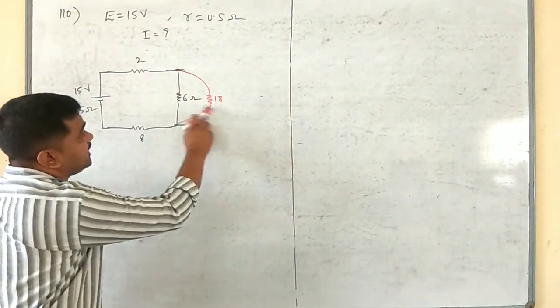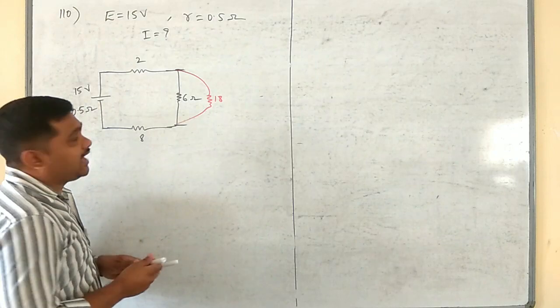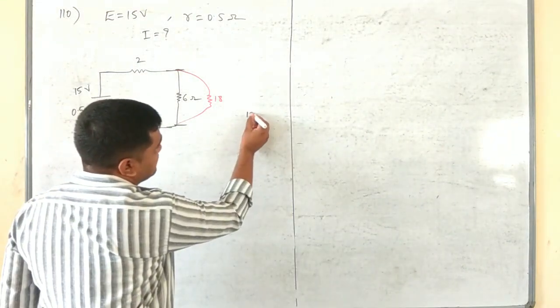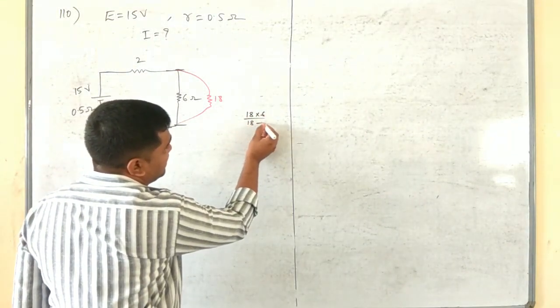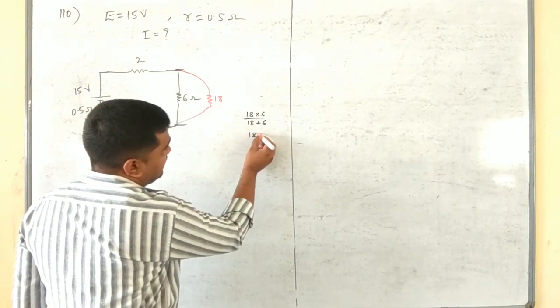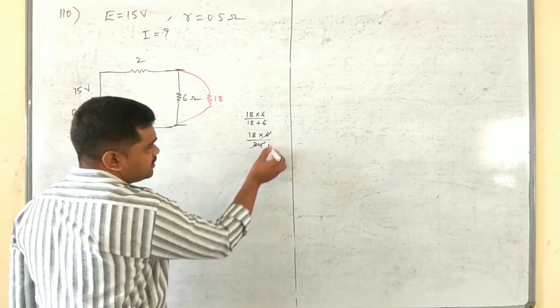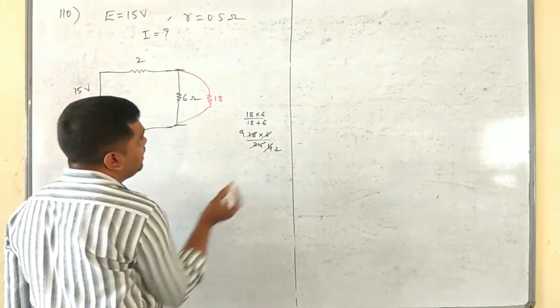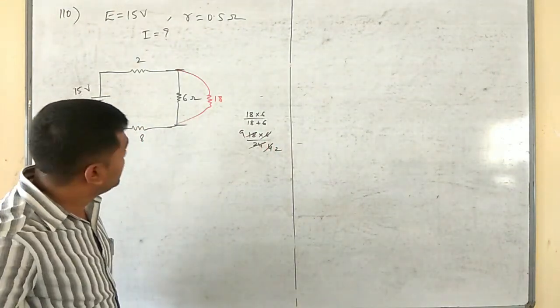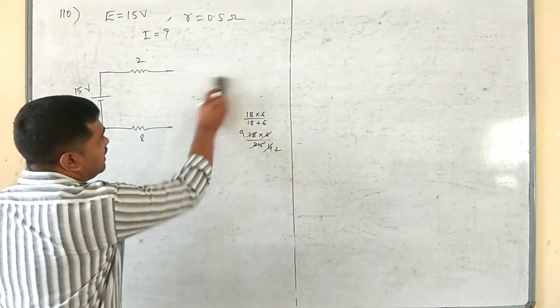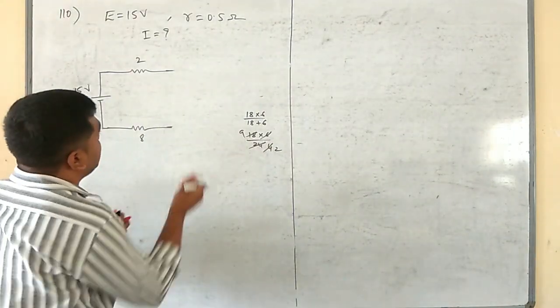Next, 18 and 6 are in parallel. Therefore, it gives us 18 into 6 divided by 18 plus 6, that is 18 into 6 divided by 24. 6 ones are 6, 6 fours are 24, 2 twos are 4, 2 nines are 18. So it is 9 by 2. I will rub these two and simply put 9 by 2 here.